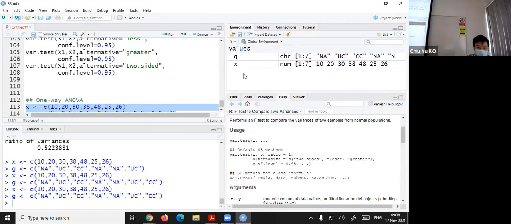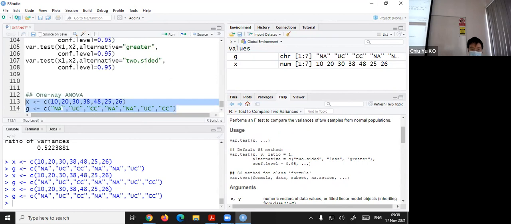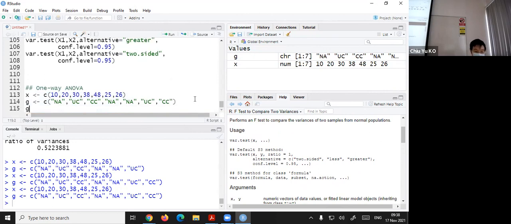And you can see you have used the quotation marks, double quotation marks, to tell this is a character. Because we really want to do Anova, can we just do that?